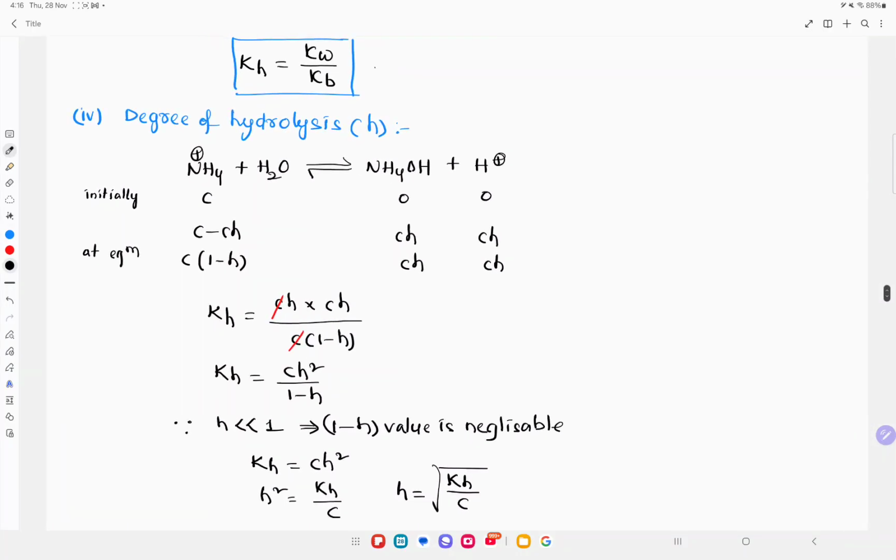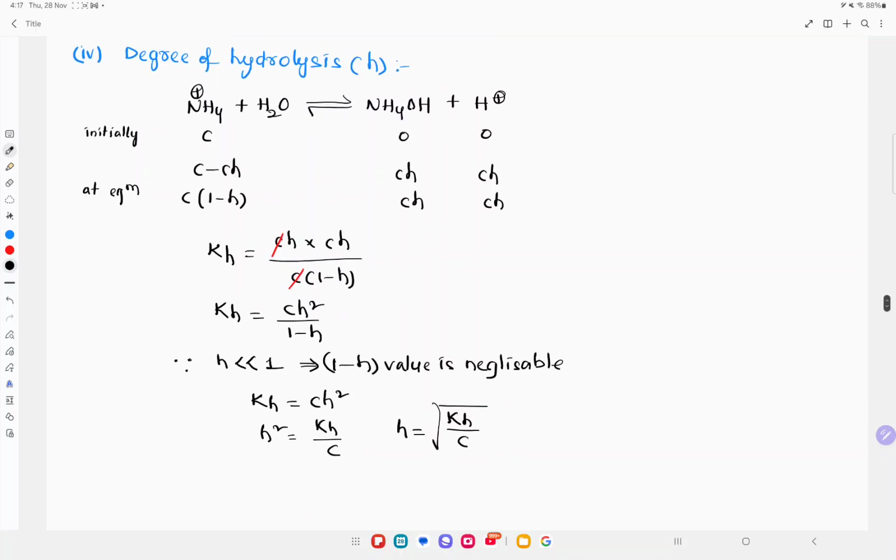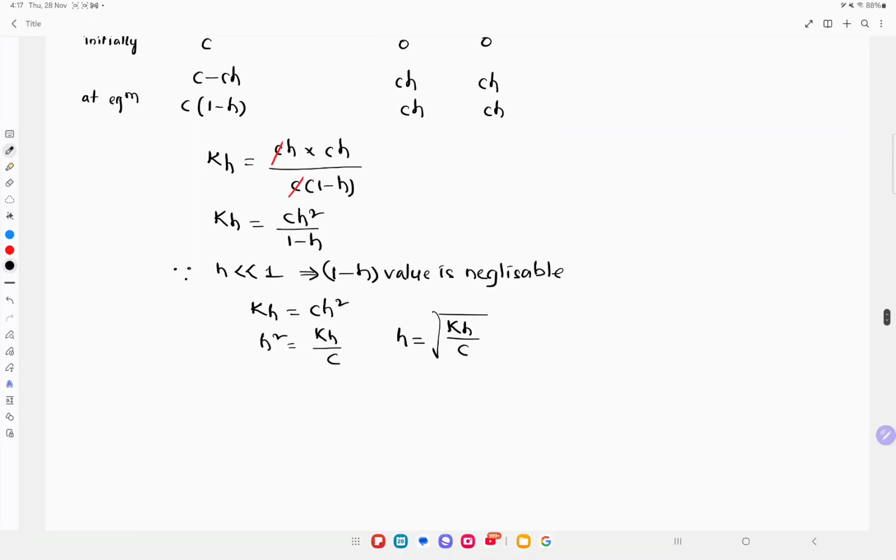Kh value is Kw by Kb. I will write here, h is equal to under root of Kh by C.